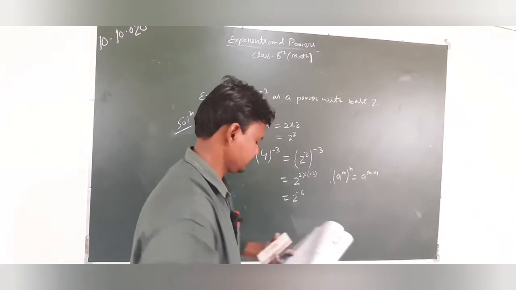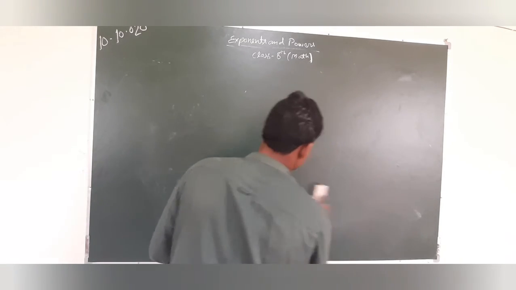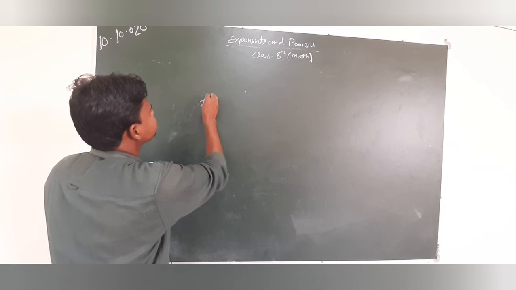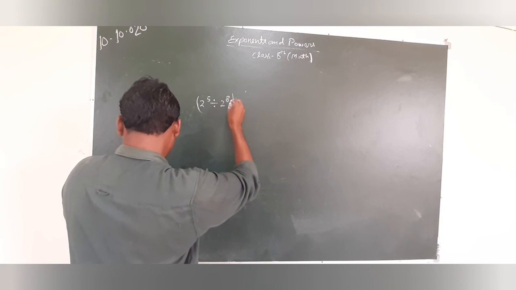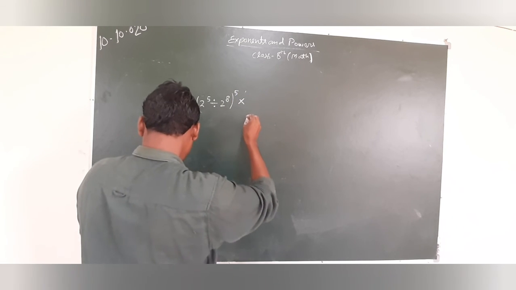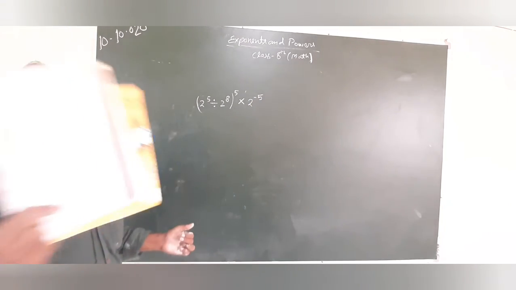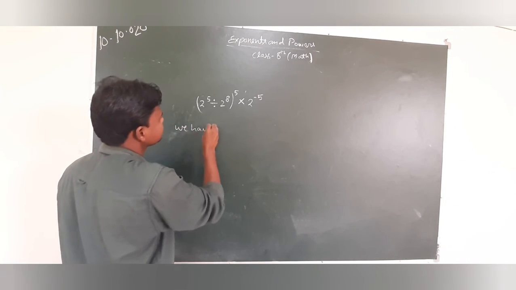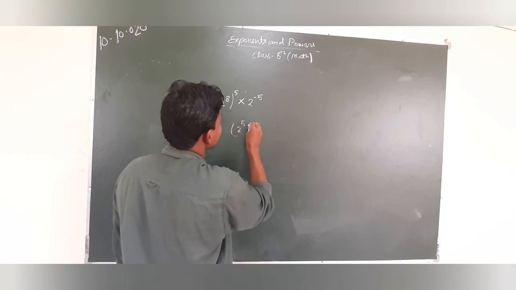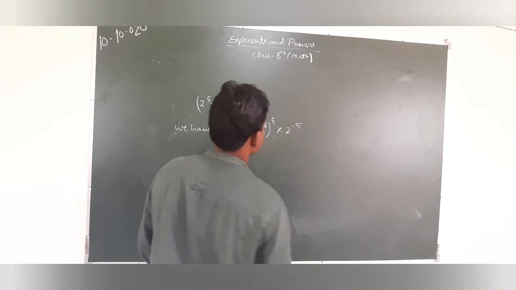And next is 2 to the power 5 divided by 2 to the power 8 whole to the power 5 into 2 to the power minus 5. We have 2 to the power 5 divided by 2 to the power 8 whole to the power 5 into 2 to the power minus 5.